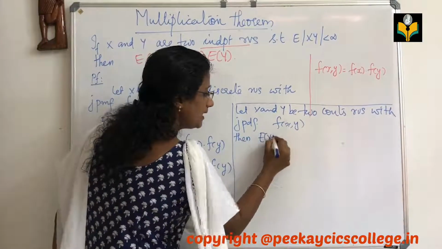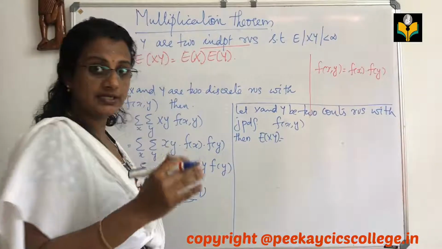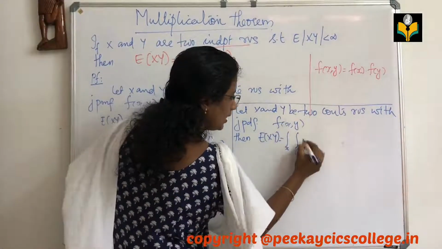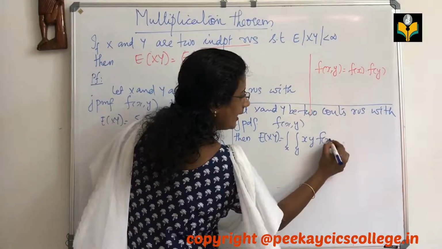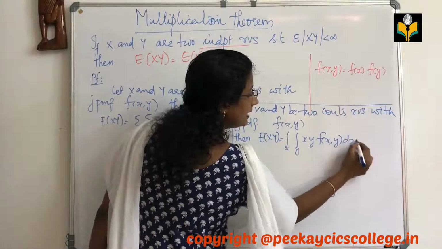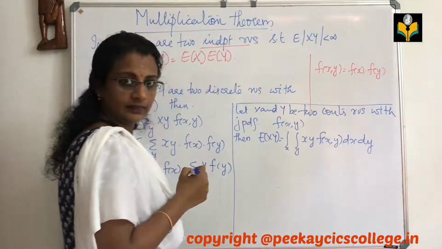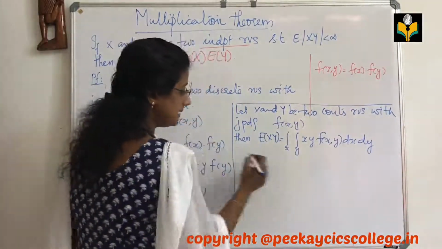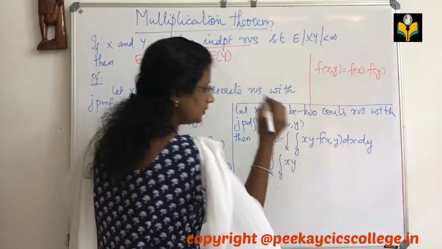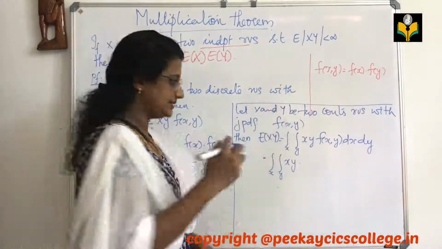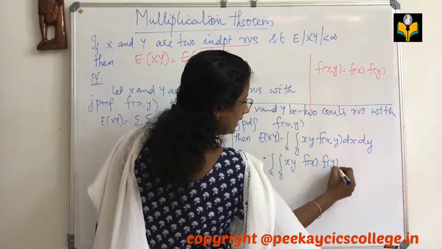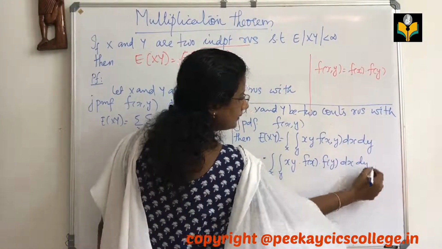E of XY equals, instead of summation, we take the integral here: integral over x, integral over y, xy into f of xy dx dy. Clear? That is equal to integral over x, integral over y, xy into, applying the property of independence, f of x into f of y dx dy.